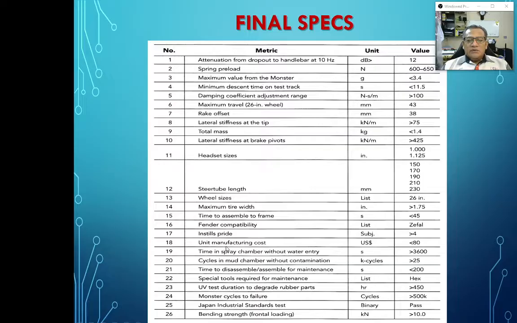Right. Unit manufacturing cost, perhaps it is kind of a subjective unit, but it must have a value of more than 4 in terms of price. This is customer need number 17, or this is metric number 17. Okay. And as far as metric number 26, the bending strength or the frontal loading is more than 10 kilonewton.